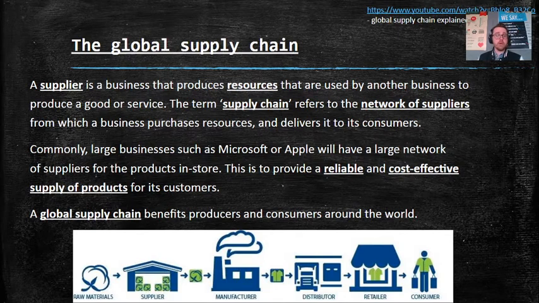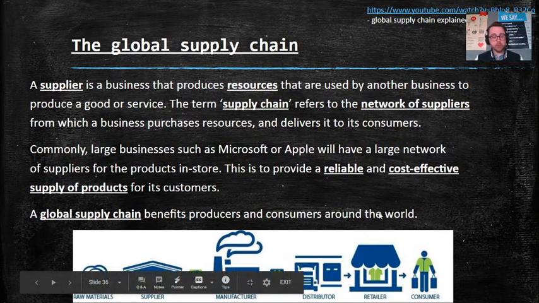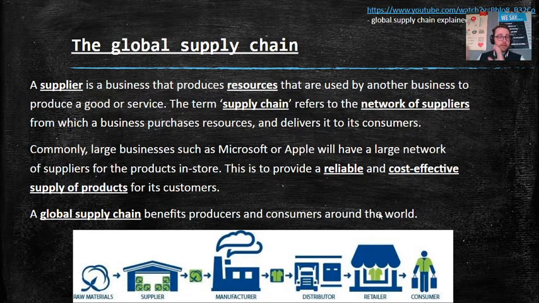So the farmers out there making the crops, making bread and meat, those are suppliers, and they will send them off to manufacturers who will box it all up. Then they'll send it to a truck, a distributor, who will transport it to the grocery store, which is the Woolworths or the Coles, and then that's the actual business. So a supplier is kind of like the first step in the food chain, the first step in this supply process. They actually make the things that are going to be used to make other things.